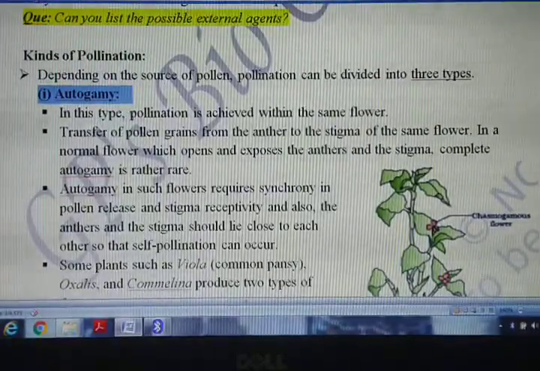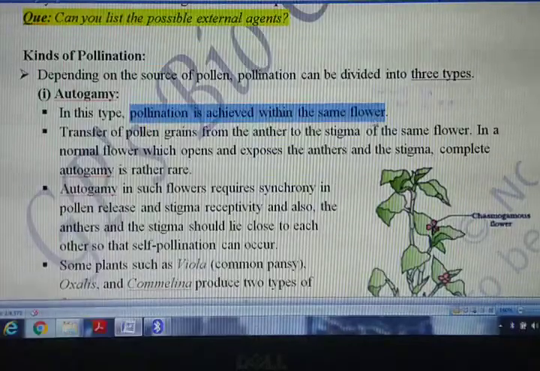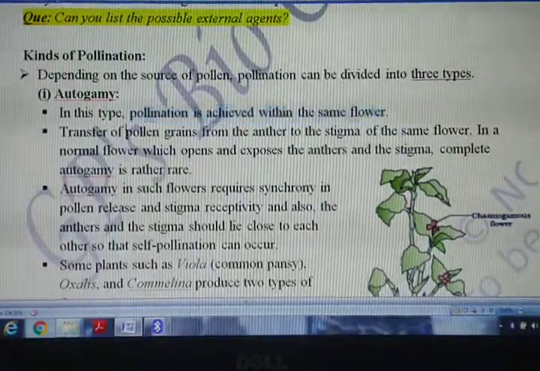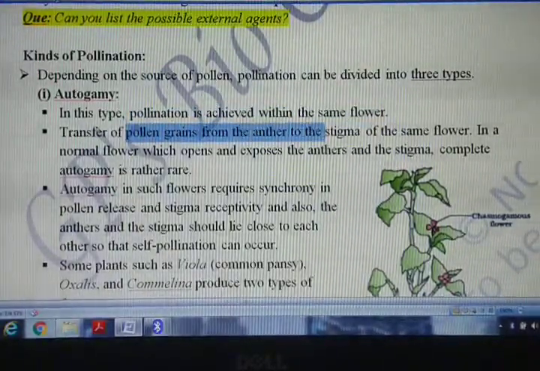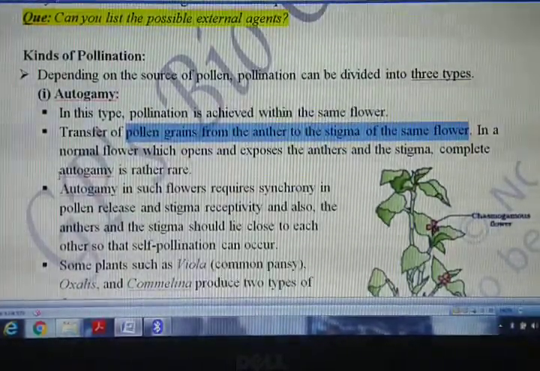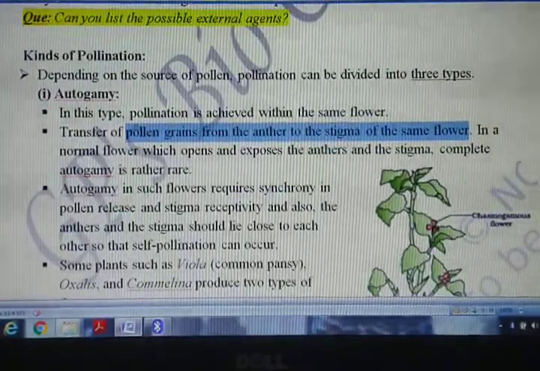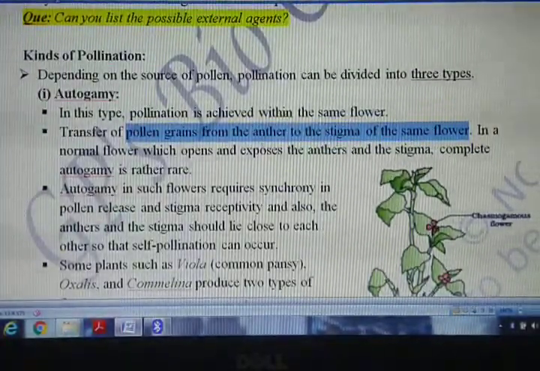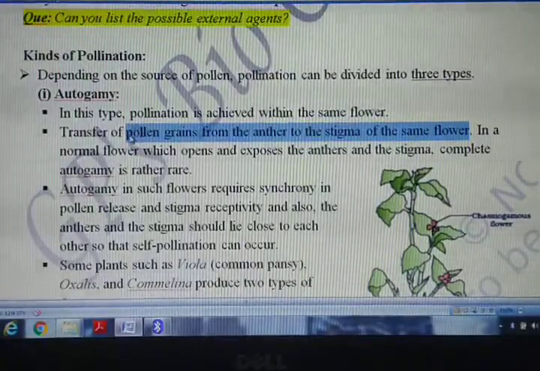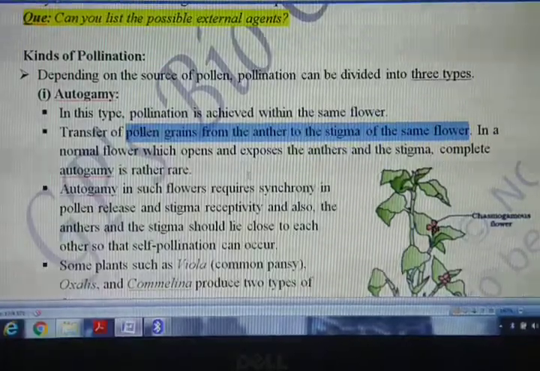In this type, pollination is achieved within the same flower. That means the pollen grains are transferred from the anther to the stigma of the same flower. यहाँ पर फ्लावर चेंज नहीं हो रहा है, तो प्लांट का तो कोई बात करने की ज़रूरत नहीं है हमको, because we are talking about the same flower. Pollen grain from the anther has to be transferred to the stigma of the same flower.